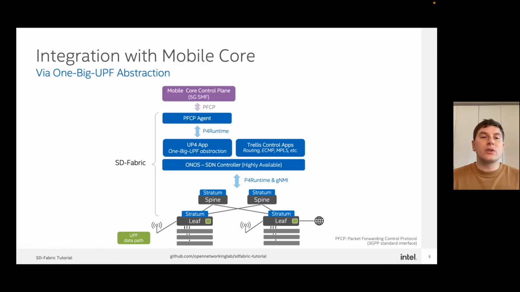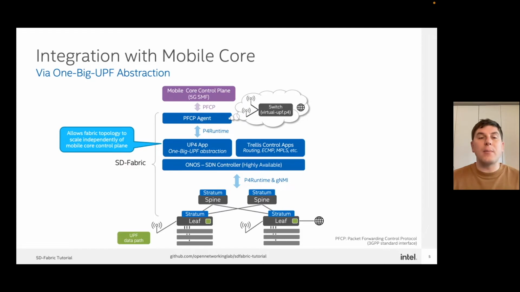The integration with the actual mobile core control plane is done through a component called PFCP agent. PFCP is a standard 3GPP interface, and what happens here is that the UP4 app abstracts the underlying fabric topology as one virtual P4-based device programmed with a P4 program called virtual UPF.P4.